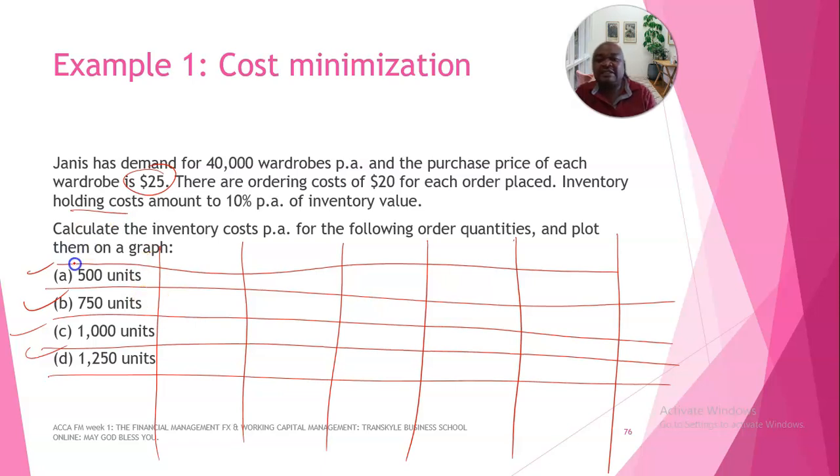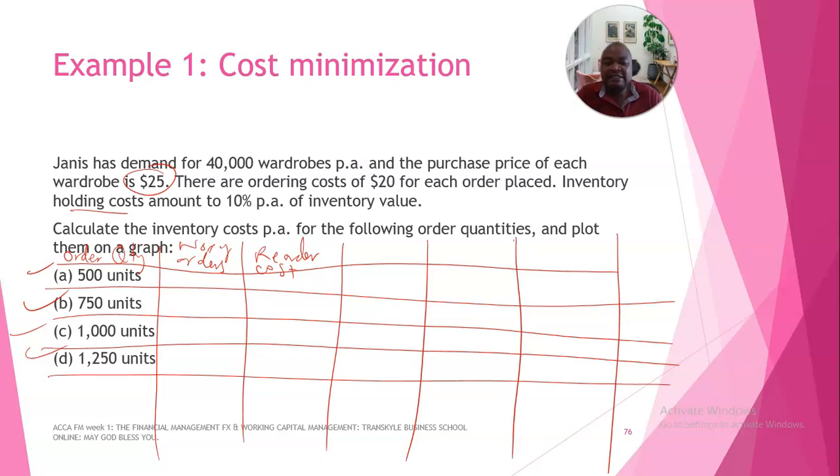The first column is the order quantity, and then the number of orders, and then we need the reorder cost, the cost of placing an order.